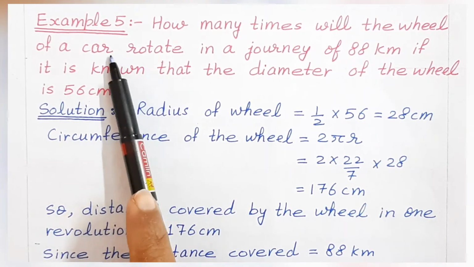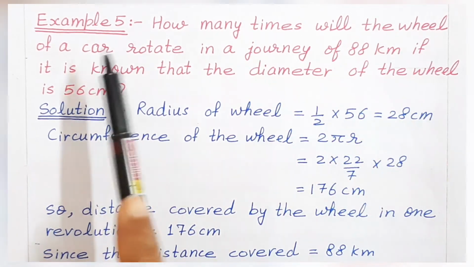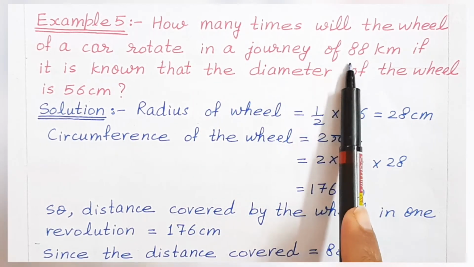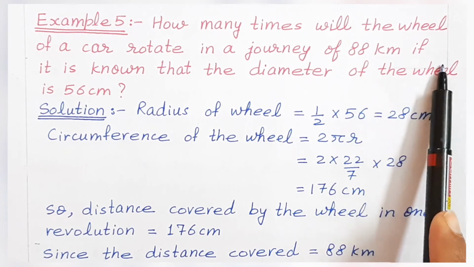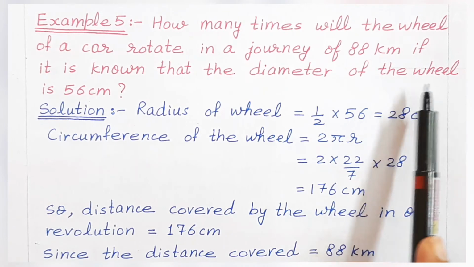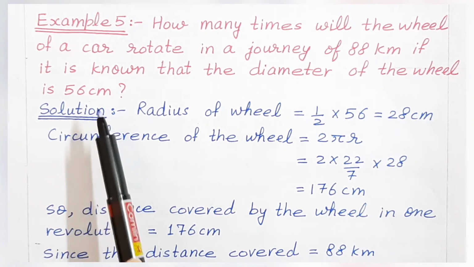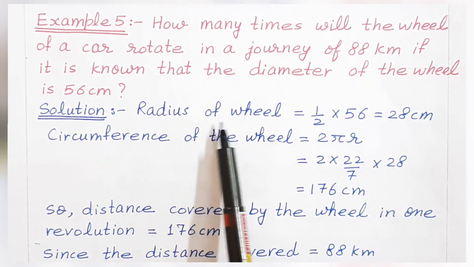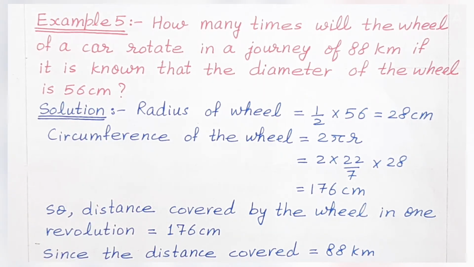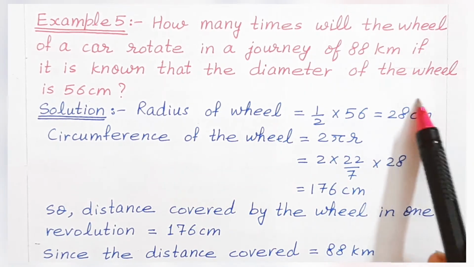Now the next example is: how many times will the wheel of a car rotate in a journey of 88 kilometer if it is known that the diameter of the wheel is 56 centimeter? Clear? Now here the radius of the wheel will be half of 56 because 56 is the diameter given. So here radius is 28 centimeter.